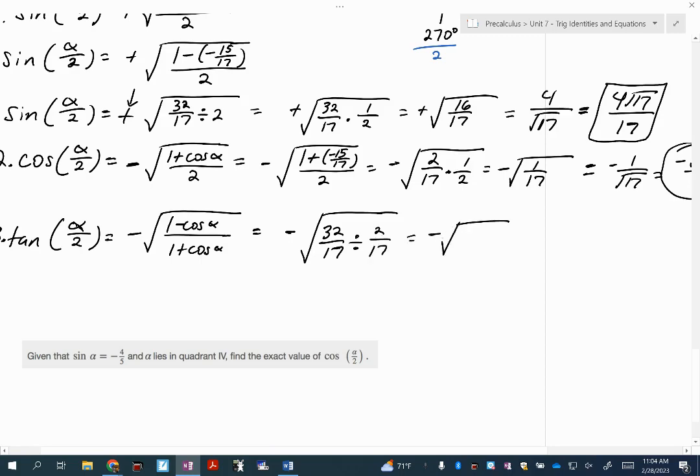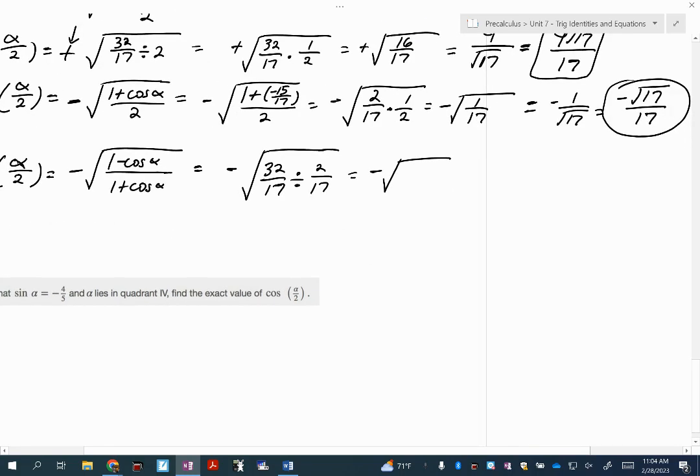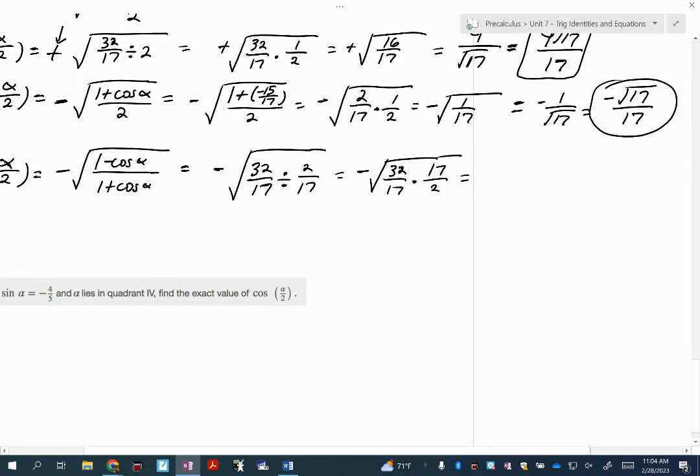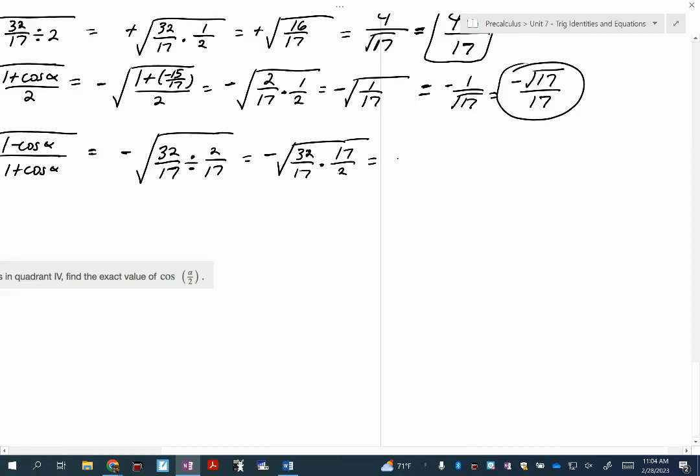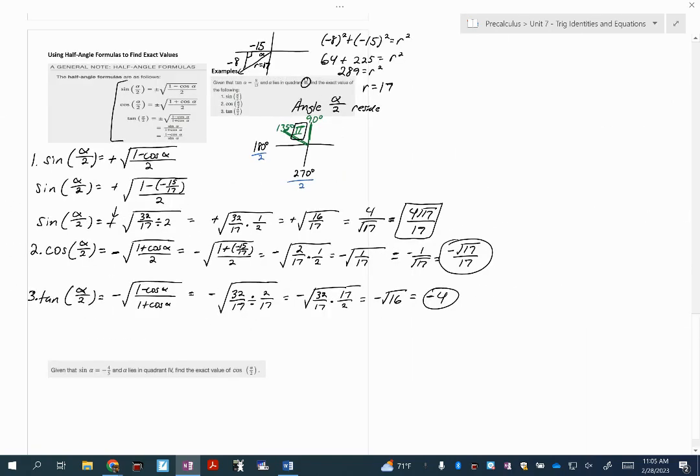So if you multiply by the reciprocal, the 17s will cross out. I guess I'll just show the work. So times 17/2, the 17s cross out. 32 divided by 2 is 16, and the square root of 16 is 4, but don't forget to bring down that negative. That's it for those half angle identities.